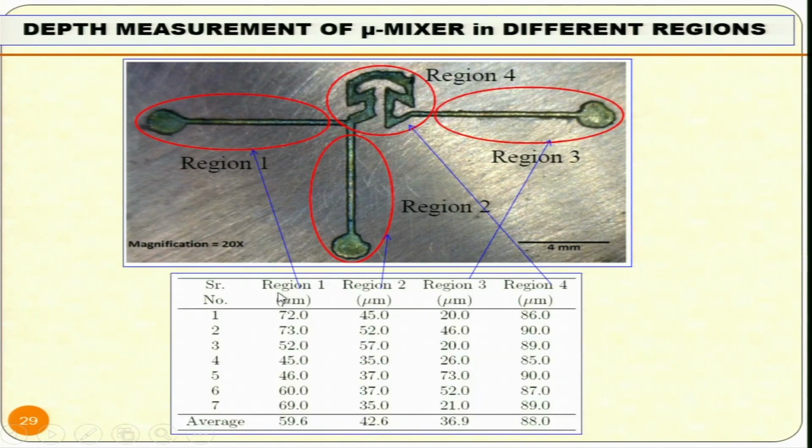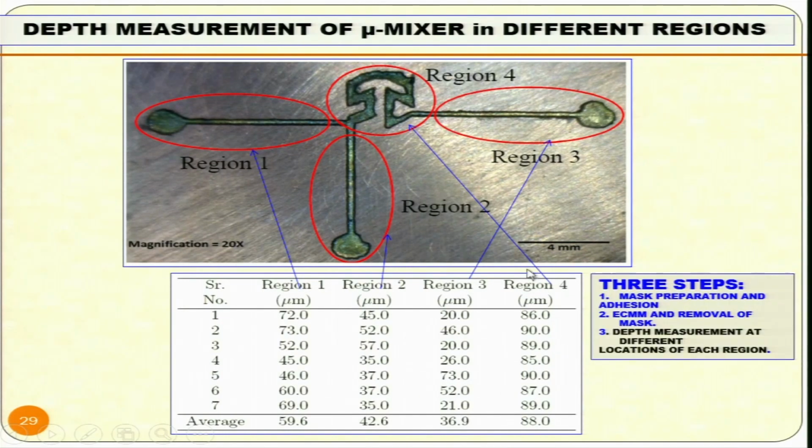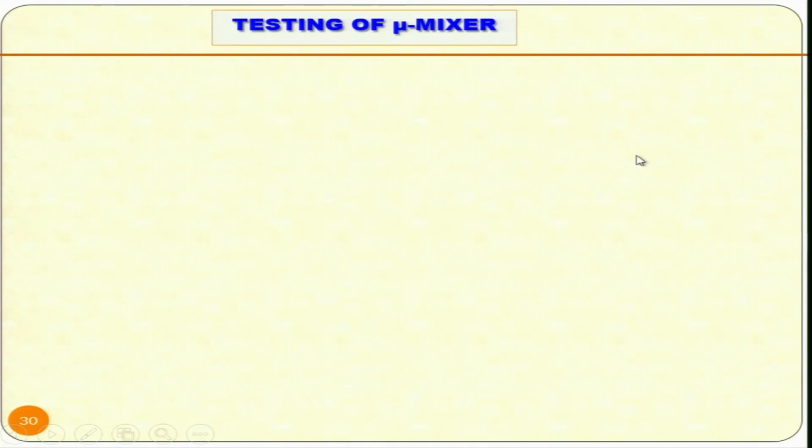So, these are the different dimensions that have been obtained in terms of micrometer: region 1, region 2, region 3, region 4. Three steps: mask preparation and addition, electrochemical micromachining and removal of mask, depth measurement at different locations of each region, testing of micromixer.